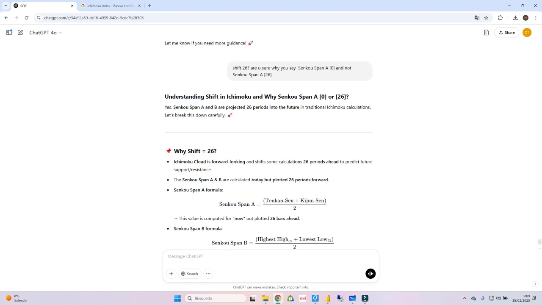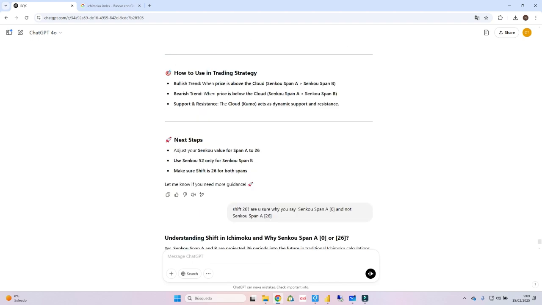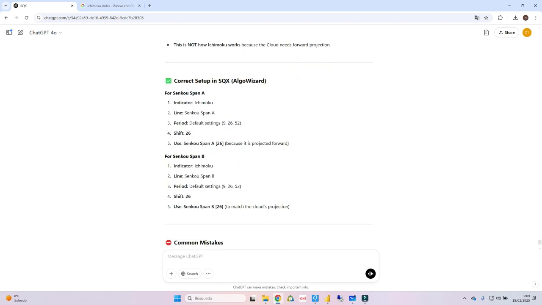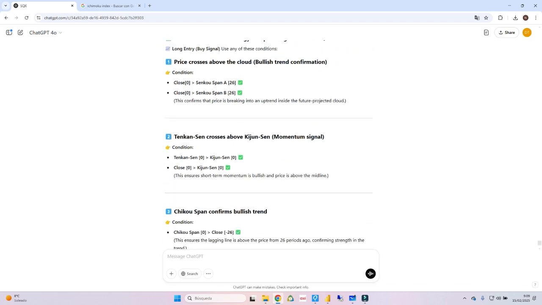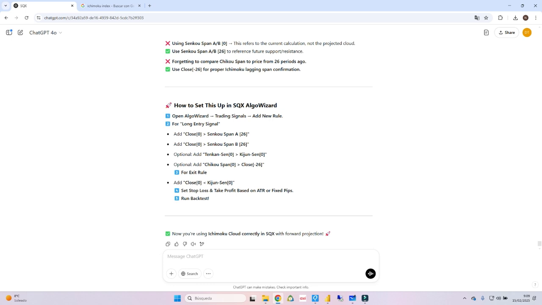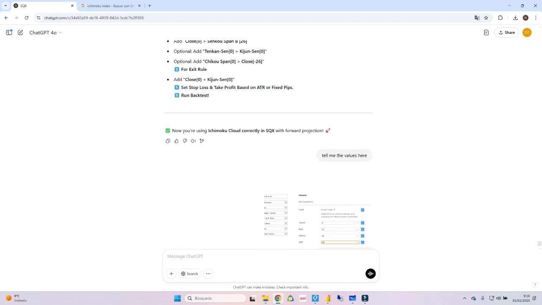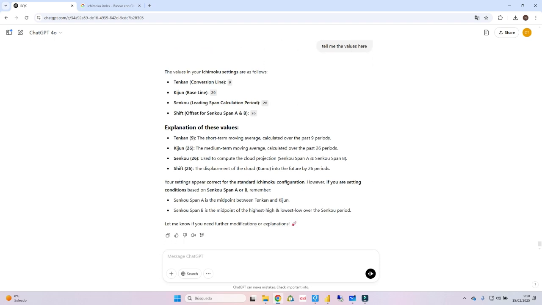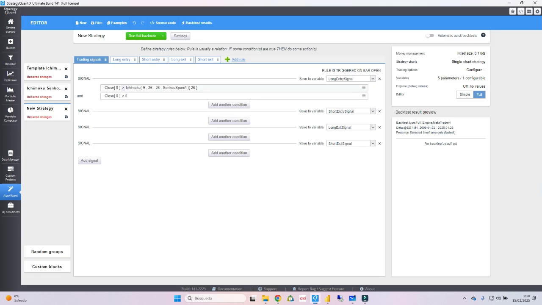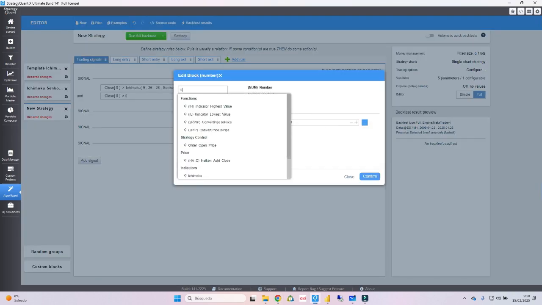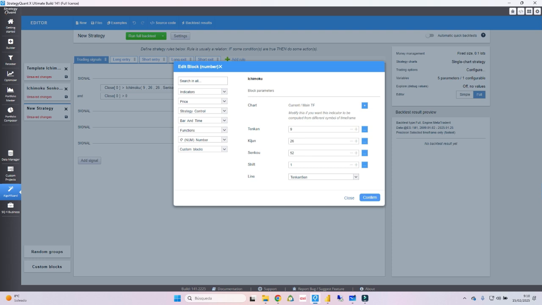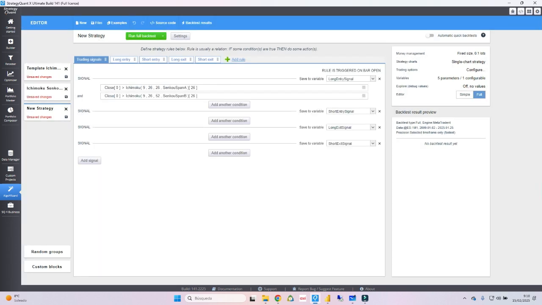Yeah, finish like that. Close 0 greater than span B, 26 and 26. Didn't save. 26 span B.